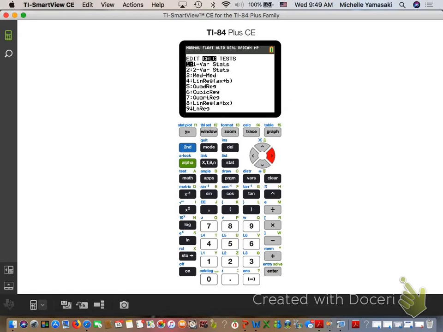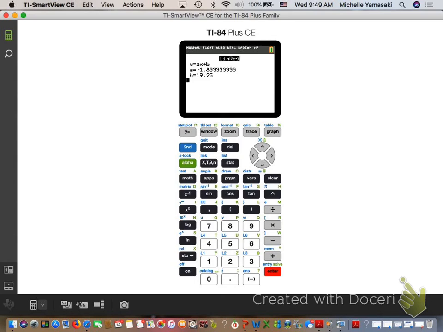That stands for linear regression. And that is what we're doing. A line of best fit, the fancy name in math terms, is linear regression. So I'm going to arrow down to it. And we're hitting enter. And I'm telling it I want it to use my data from list 1 and list 2. And then we're going to arrow down all the way to calculate.